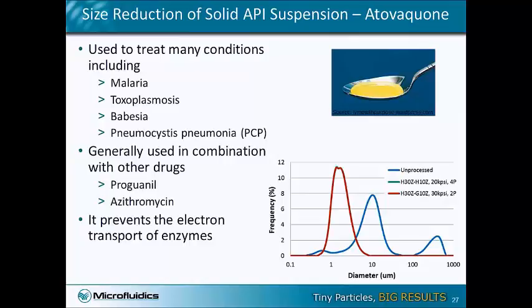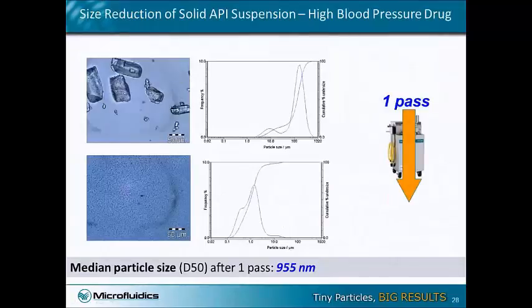Here's an example of reducing particle size of a high blood pressure drug. You can see from the unprocessed sample here, there's some big crystals here. The particle size distribution is shown here to the right. They're in several hundred micron in size.